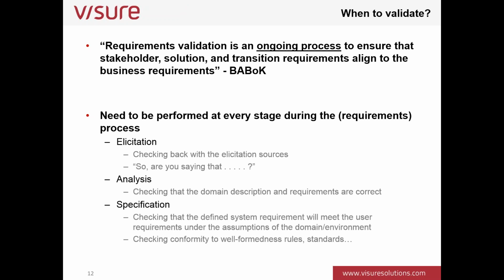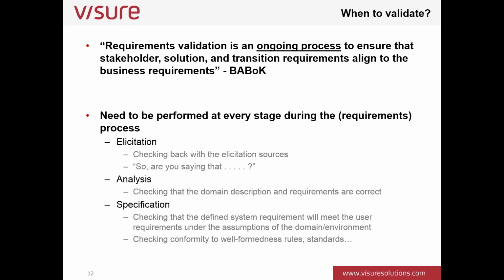So this means that we have to validate at every stage during the requirements process, in a more formal way during all the activities. We have to validate during the elicitation, when we are gathering requirements, when we are capturing the requirements with the stakeholders and the different users.